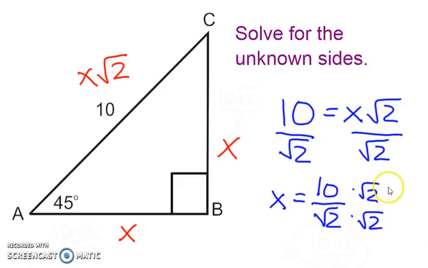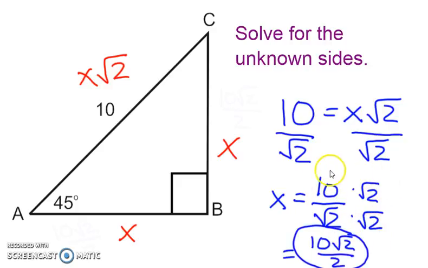So I'm not changing the value of my x, I'm just changing the format of it. And we've done some problems like this anytime you square a square root. So I end up canceling those squares. It's square root of 2 times square root of 2, which ends up being square root of 4, which really we're just left with 2. And then I would just multiply together on the top. So 10 square root of 2 over 2.